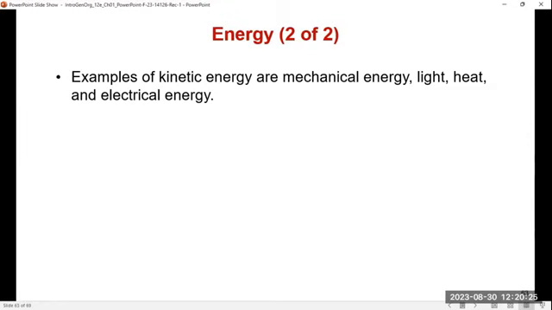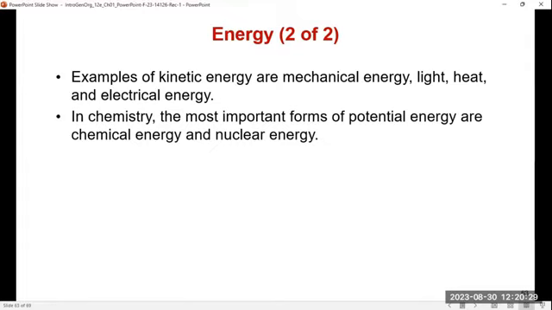In chemistry, the most important forms of potential energy are chemical energy and nuclear energy. Chemical energy is potential energy stored in bonds. The placement of bonds, bringing them together, gives potential energy to a molecule or to elements in a compound.